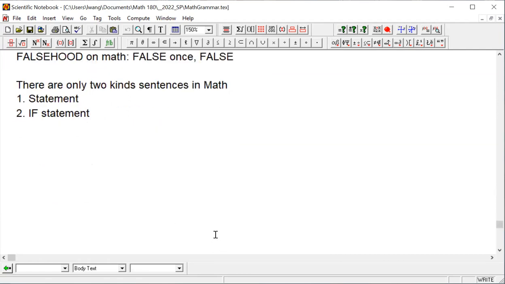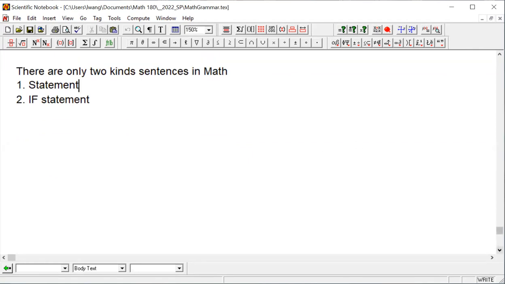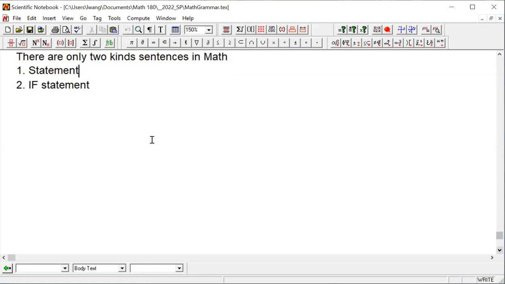Let's look at some examples of statements. For example, we say any number times 1 stays the same. We have that example.